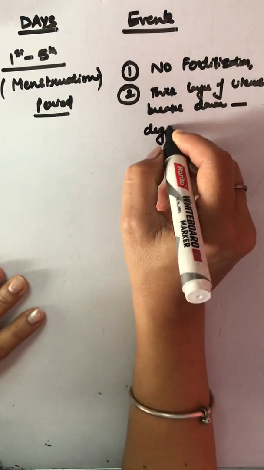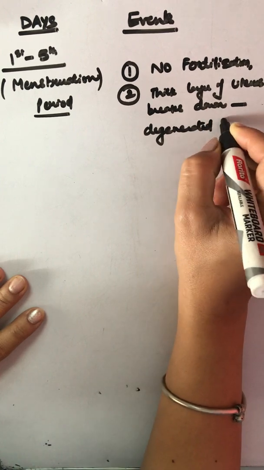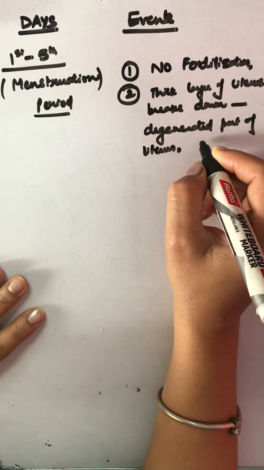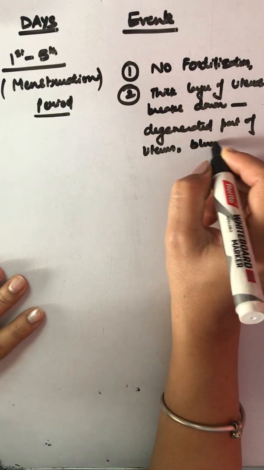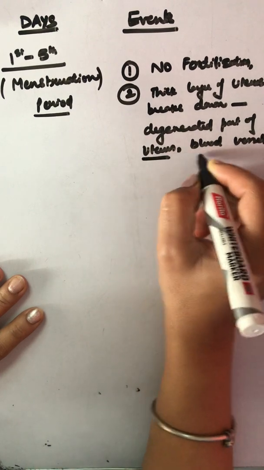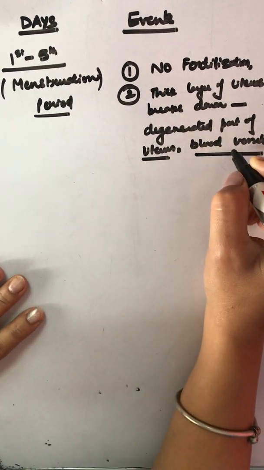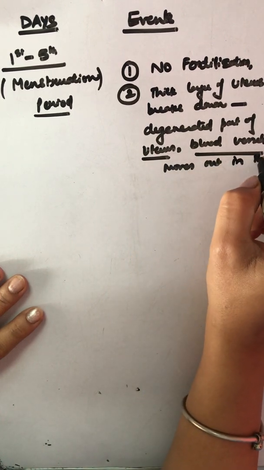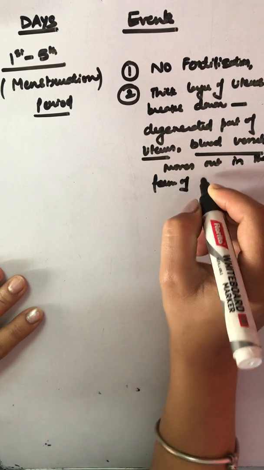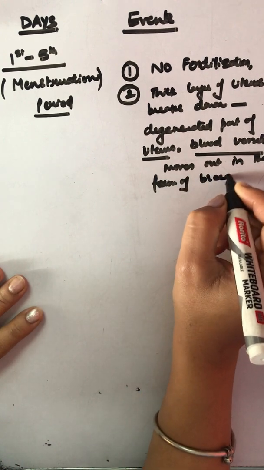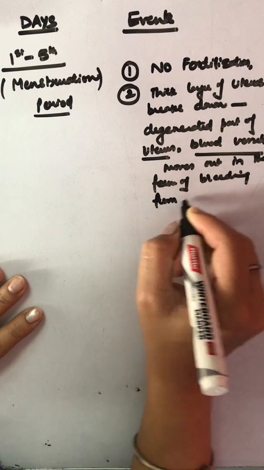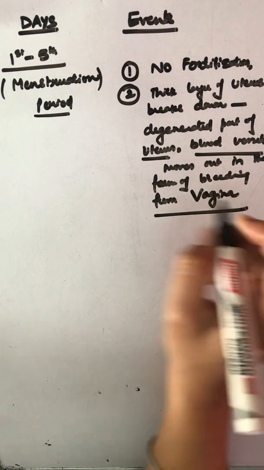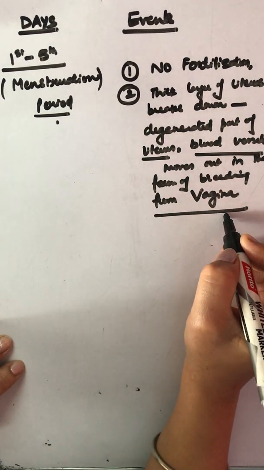The degenerated part of uterus, along with the blood vessels, moves out in the form of bleeding from vagina, and this period is known as menstrual period or the menstruation period or simply periods.